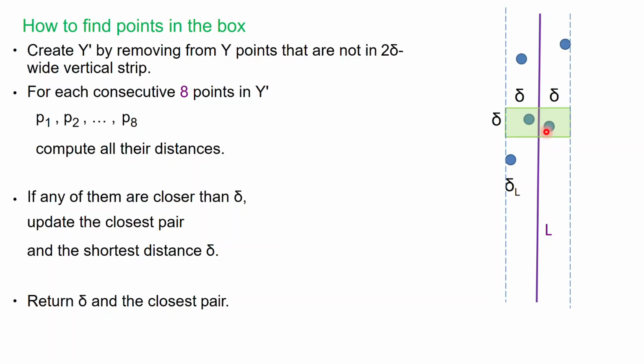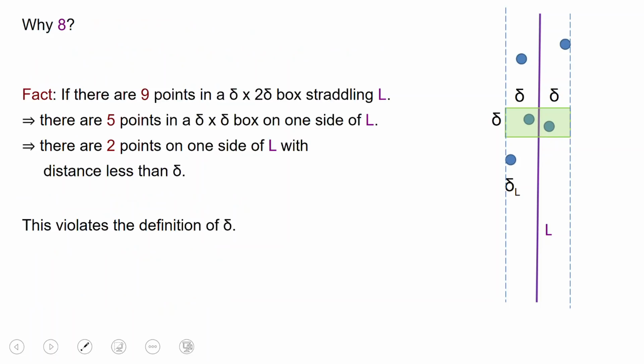And now we just need to ask ourselves, why does this thing work? Why does it suffice for me to look at the blocks of consecutive 8 points in y prime? The reason is this. Remember that we are looking for points which are in a delta by 2 delta box.